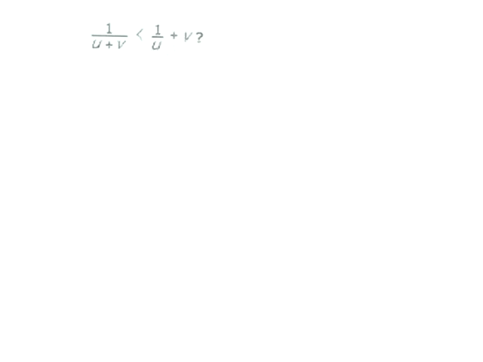So if you move 1 over u to the other side, then that's 1 over u plus v minus 1 over u. And all right, sure. Okay, that's kind of ugly. There, now it's better.